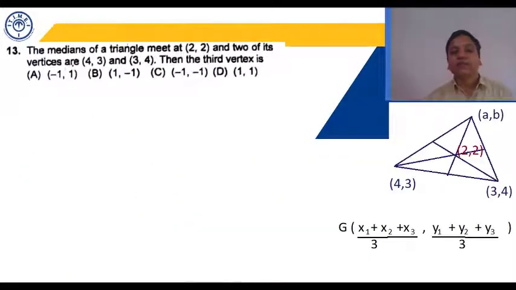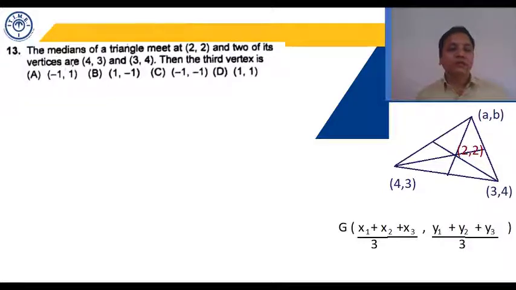Then it says the medians of the triangle meet at (2, 2) and two of its vertices are (4, 3) and (3, 4). We just make a triangle and write two vertices as (4, 3) and (3, 4). Then indirectly we are required to find the coordinates of the third vertex, (a, b). We assume (a, b) in this case.